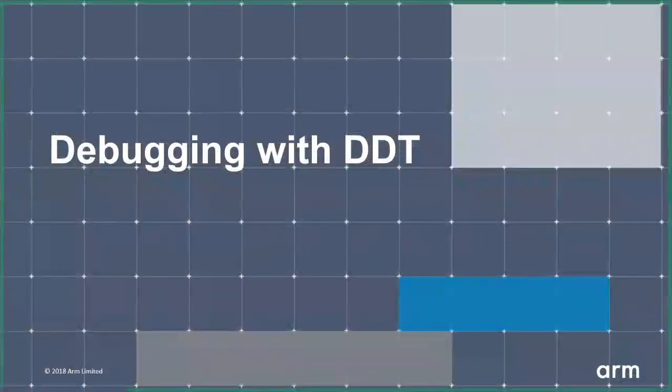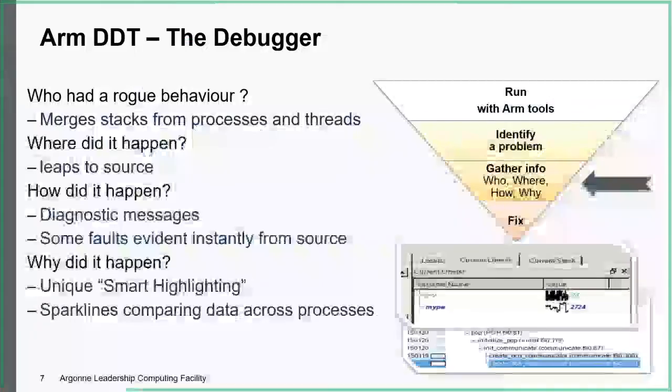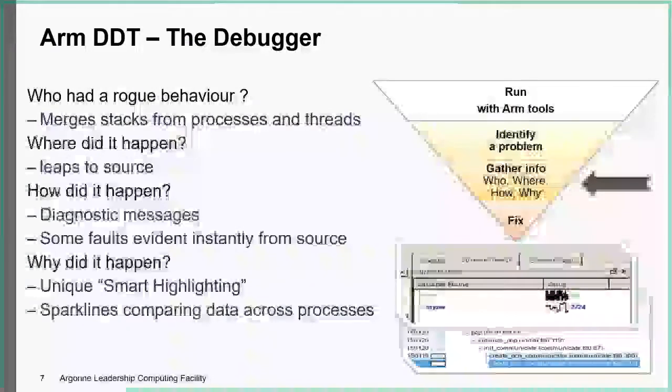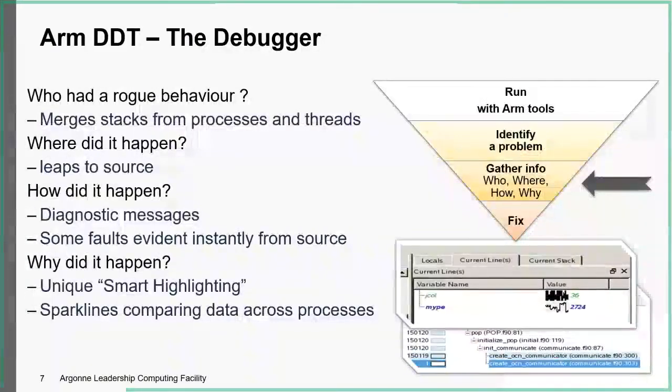Okay, so debugging with DDT, there are a few things that you need to do before you can start using DDT. Actually, let me take a step back. DDT itself is a tool to debug your code, and with this tool, you're trying to answer a bunch of questions that might occur in your code.